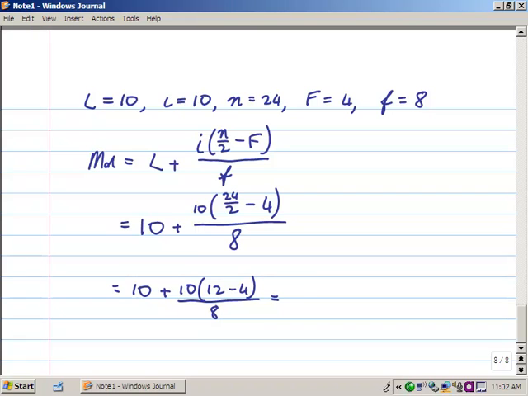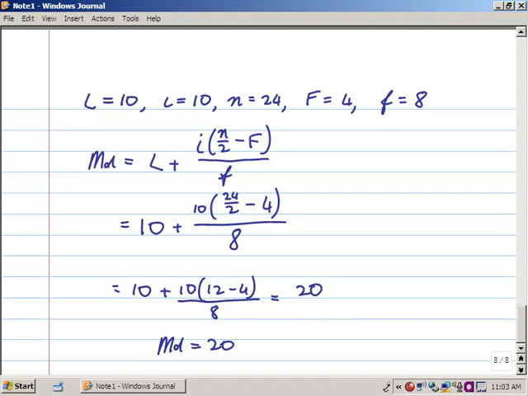And hopefully you can all see that that is equal to 20. So the median, or our estimate of the median from this interval data, is equal to 20. Right? So our estimate is that half the items in this data set are above 20 and half of them are below 20.